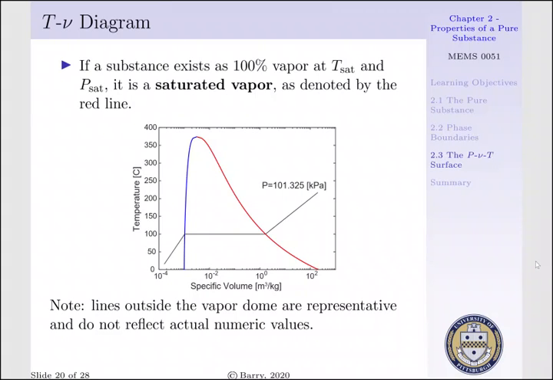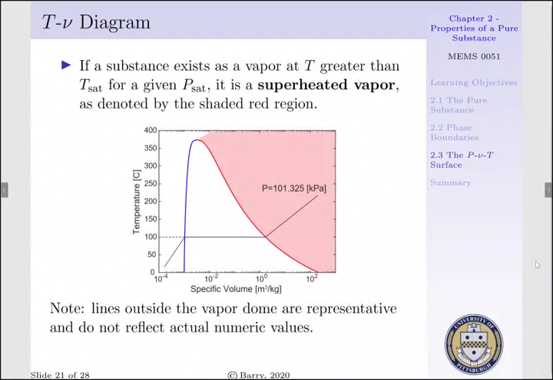Note there is a unique specific volume for each temperature entry. Lastly, if a substance exists as a vapor at a temperature greater than our saturation for our given saturation pressure, this is referred to as a superheated vapor, and this would lie in the shaded red region. For instance, if we have a saturation pressure of 101.325 kPa, but our temperature is 200 degrees centigrade, we would clearly exist within our superheated vapor region.